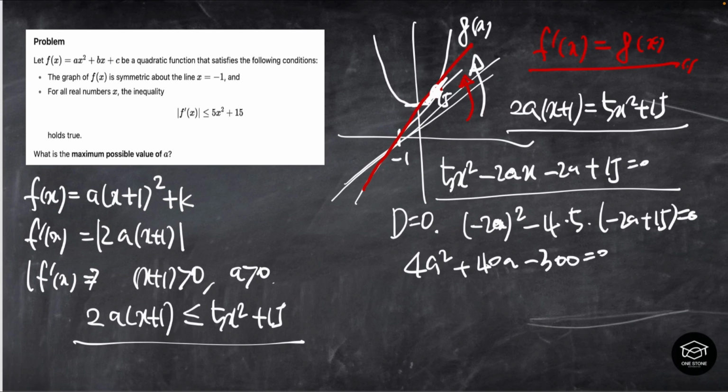Setting this equal to 0, 4a² + 40a - 300 = 0. Divide every term by 4: a² + 10a - 75 = 0.